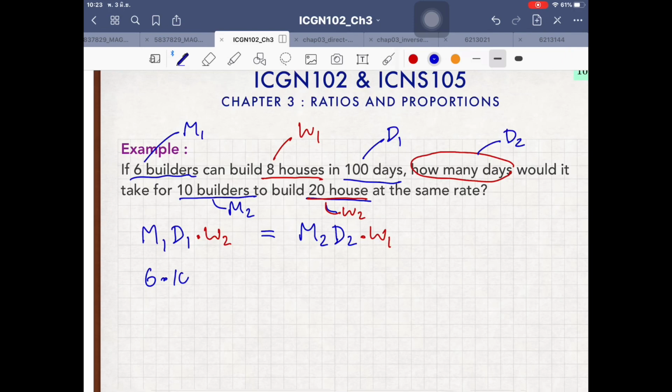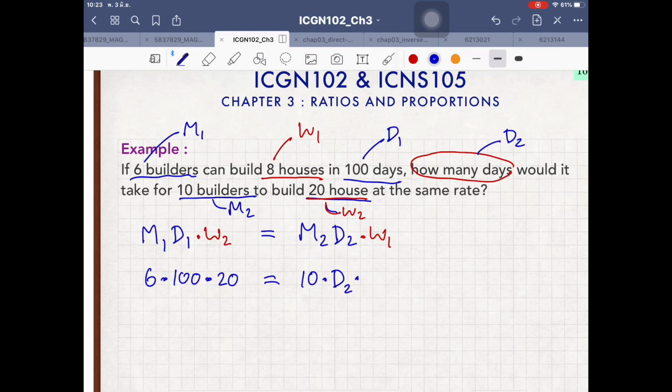All right, D1 is 100 days. W2 is we want to make 20 houses from the second situation. Okay, and then on the right side, now you have M2. For the second situation, now you have just 10 workers or 10 men. All right, D2 is still unknown.